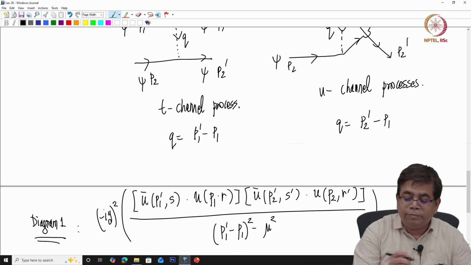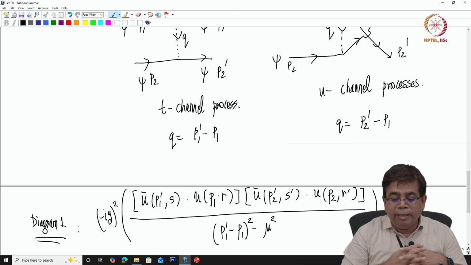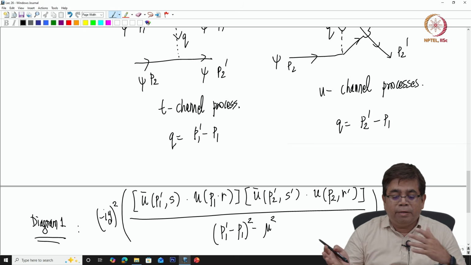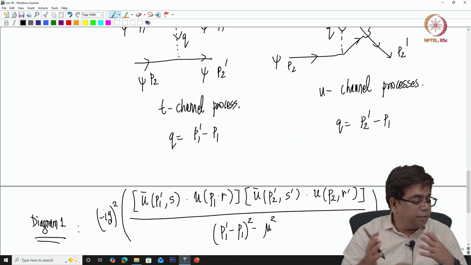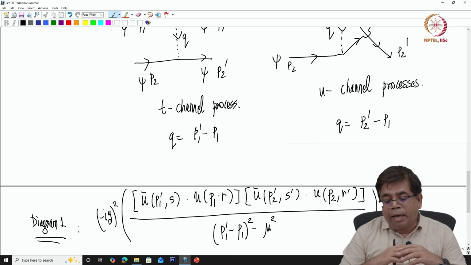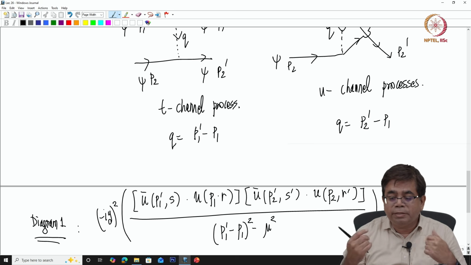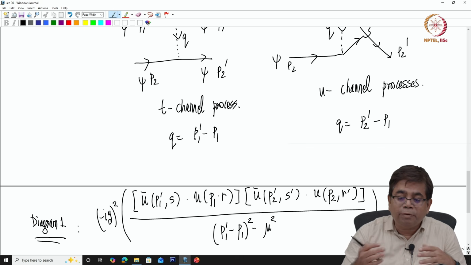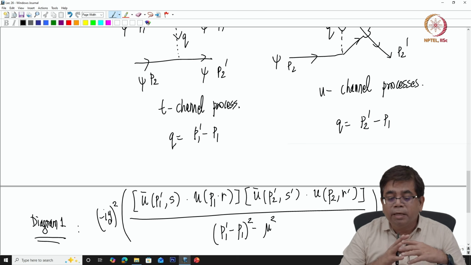So, the amplitude of diagram 1 is, and you can go back and check with the notation of the previous class, you will find it exactly the same as the previous one. Now, because you exchange the final states, you pick up a minus sign between the relative amplitudes of the T and S channels.